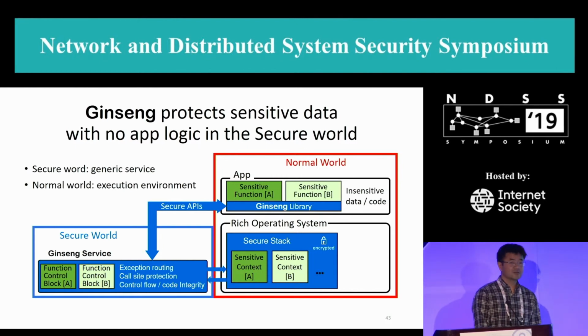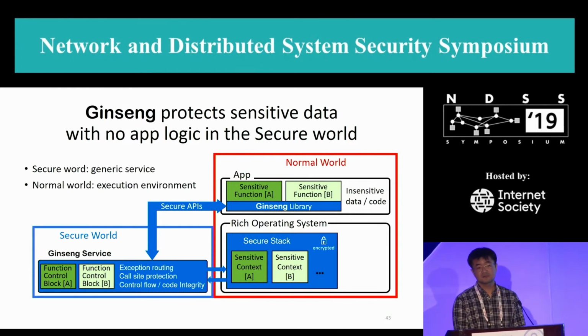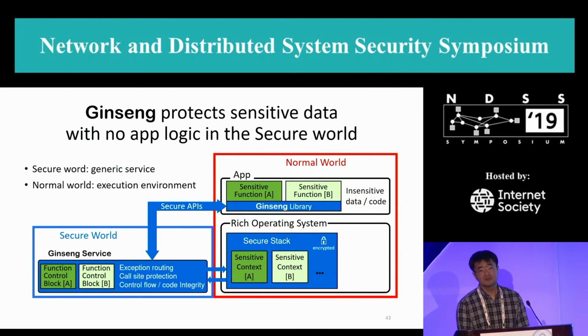Okay, I see. Currently, our compiler uses up to 7 registers for sensitive data. And if the compiler needs more registers, then the compiler can spill sensitive data to the secure stack. Yeah, that's a problem. It will increase the register pressure, because you reserve 7 registers dedicated for this purpose.